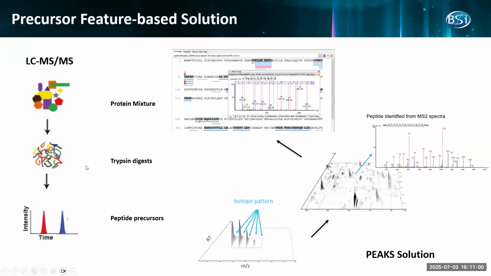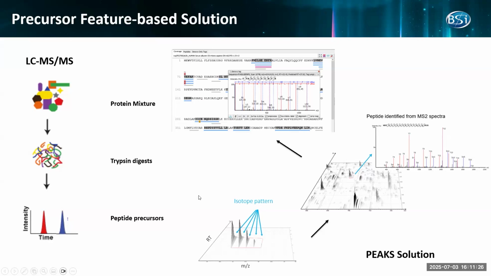We load it to the column and acquire data with the mass spec. The data contains all the peptide precursor information from those tryptic digests, which elute from the column, are ionized in the mass spec, acquired in our mass spectrometer, and recorded in the raw data file.